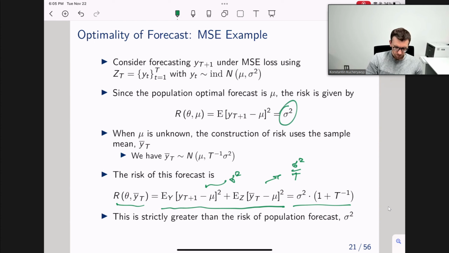But the forecast that we use, which involves an estimate of the mu, has this risk, which is strictly greater. So we don't even achieve the optimal forecast. Now, let us dwell on this example a bit more and do one trick to blow up your mind a bit.